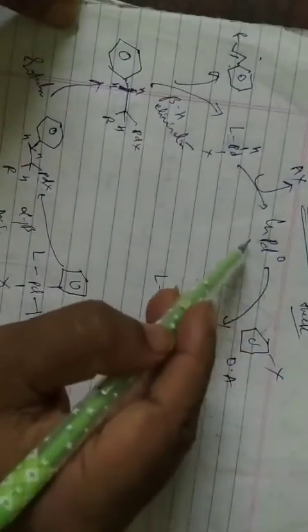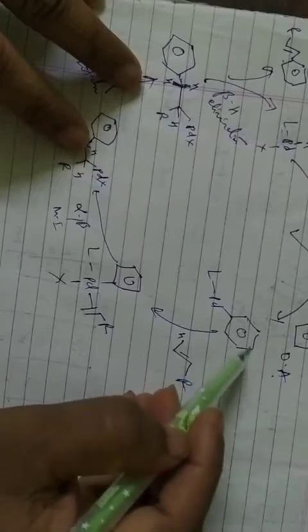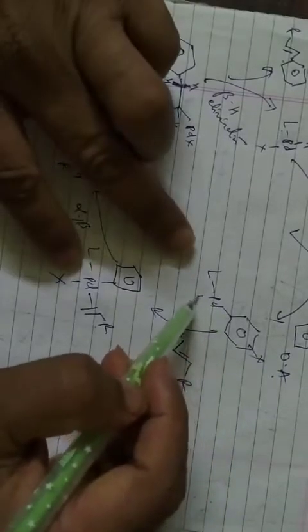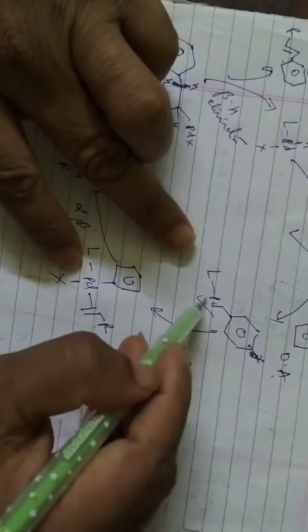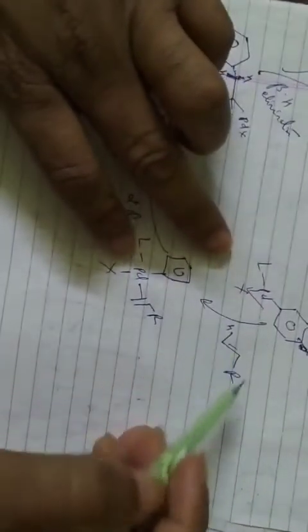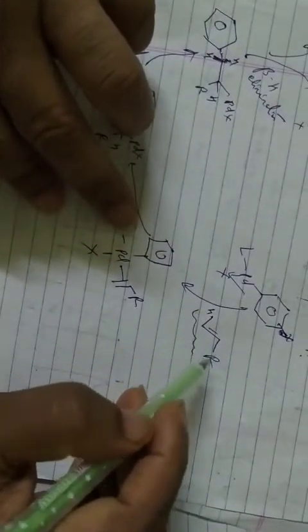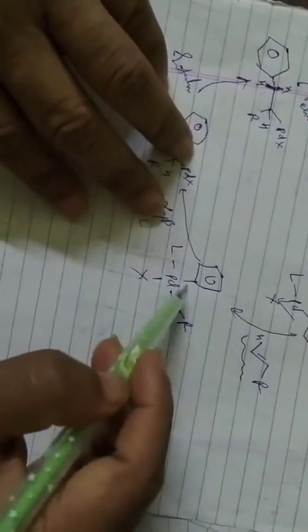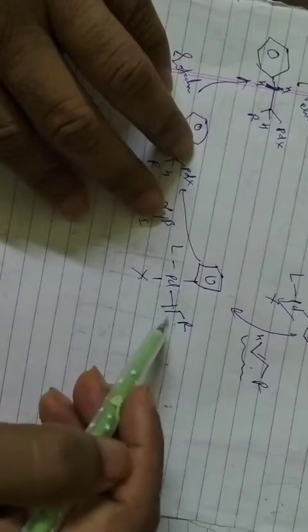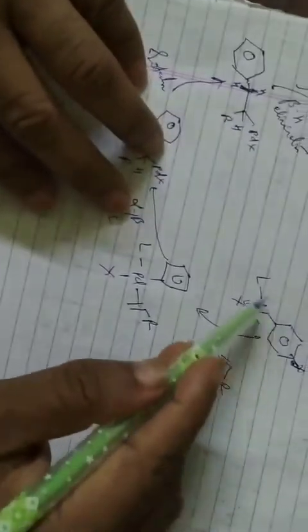So here we have started with palladium. First it reacts with your aryl halide, oxidative addition takes place, and the palladium joins here, and this X is bonded to it. Second, the alkene is inserted into this palladium, and you get this compound where the alkene is added here, and the other things are as usual.